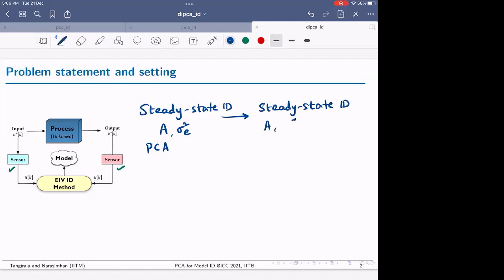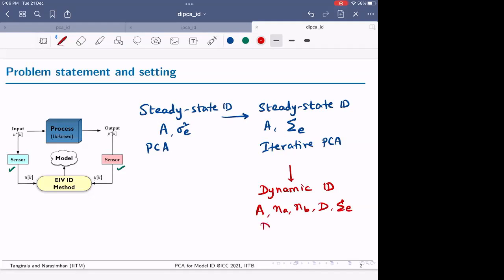But this time we said the error variances may be unequal, and this is where we turned to iterative PCA. And now we are moving to dynamic identification, where we have to estimate the constraint matrix A and a bunch of other things that we will see shortly, namely the process orders NA, NB, delay, and then of course sigma E. So today, in this talk, we'll focus on DIPCA, which is dynamic iterative PCA.